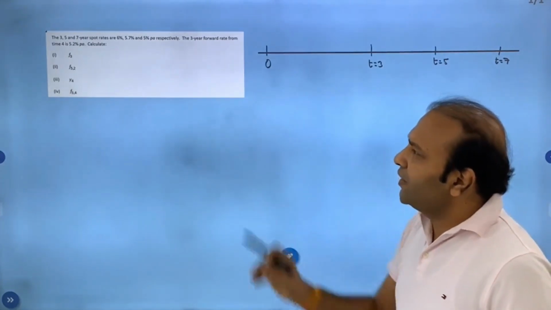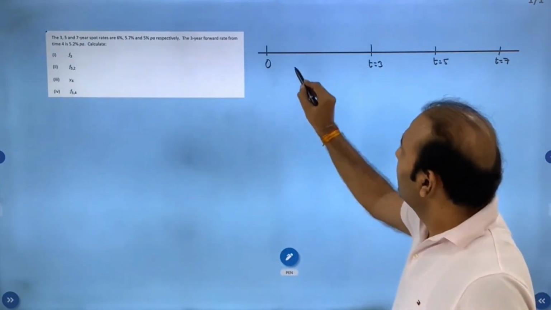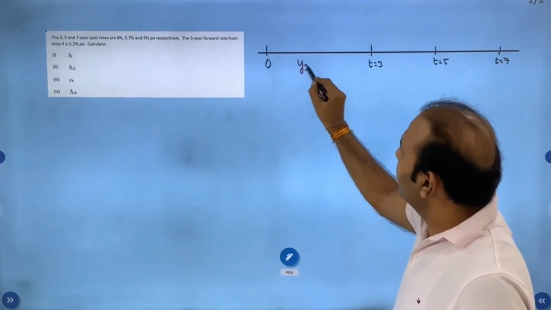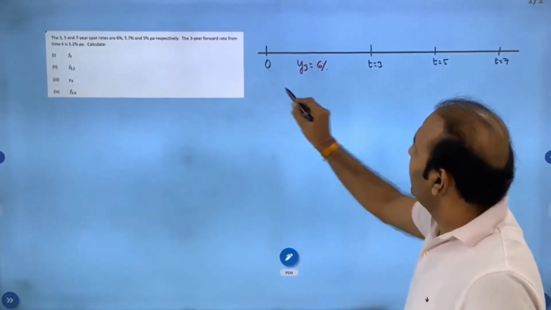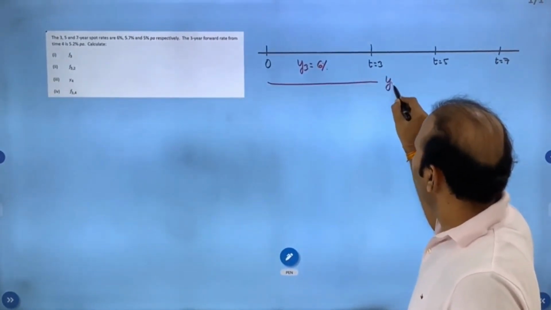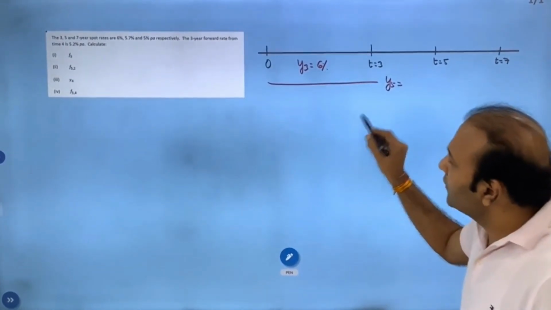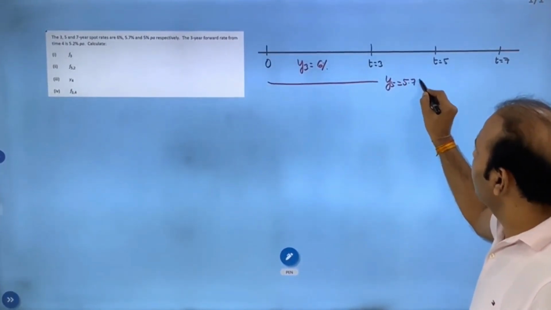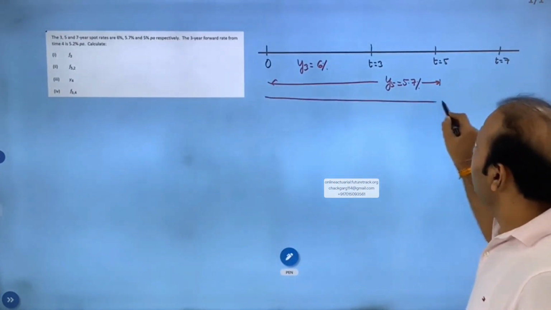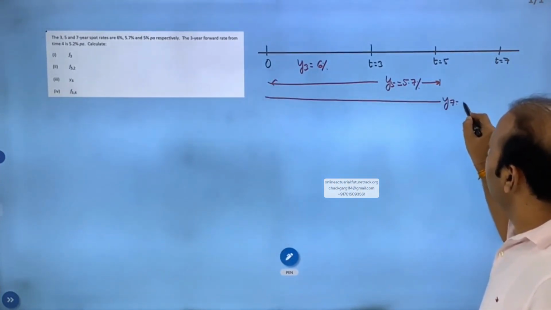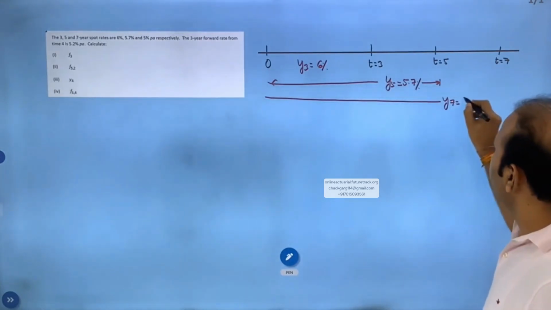Year, 5 year, and 7 year spot rate, which is given. So class, we have y3 is 6%, y5 is 5.7%, and y7 it is 5%.